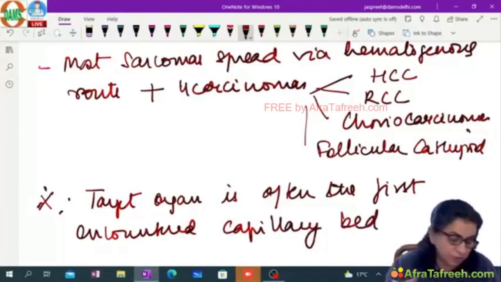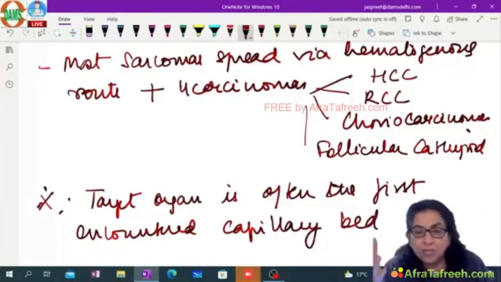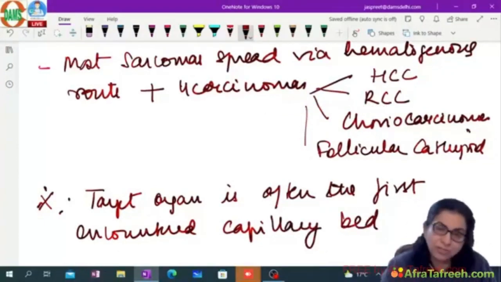Most of our blood goes to the lungs, or from the GI tract, most of the blood goes to the liver.